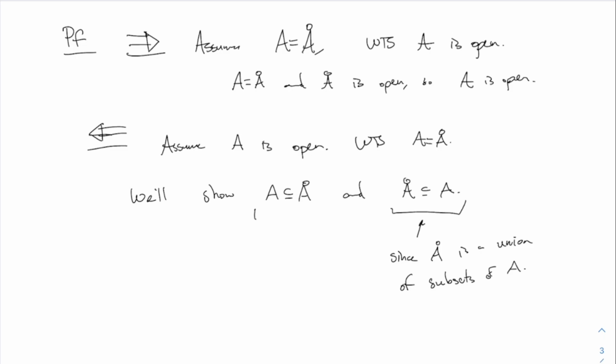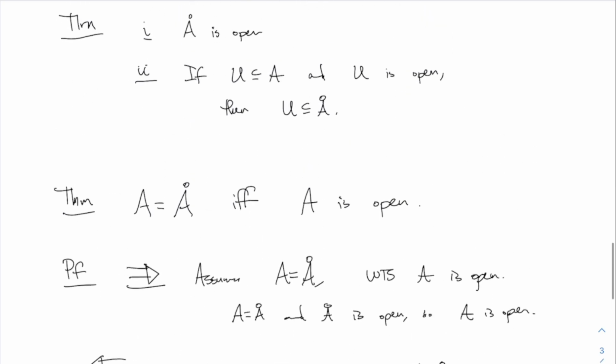And what about the other one? We have to show A is a subset of A interior, and this one is where we use the assumption that A is open. A is open. So that means actually that it must be part of the interior, because the interior is the union of all open sets, or you could say the interior is the biggest open set which is inside of A, right, by this number 2 here.